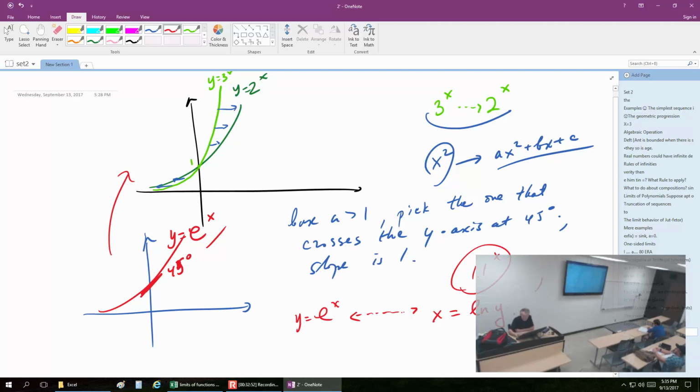In other words, log base e of y. So with that choice, we could concentrate on them, and the fact that it crosses at 45 degrees is going to be really helpful.